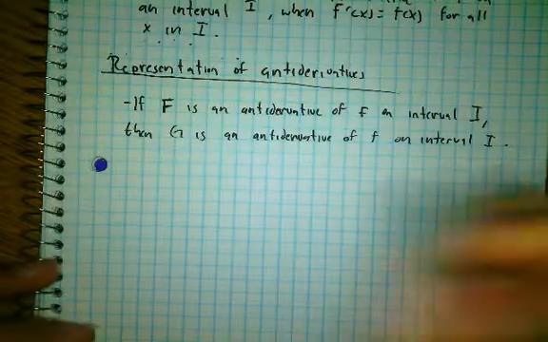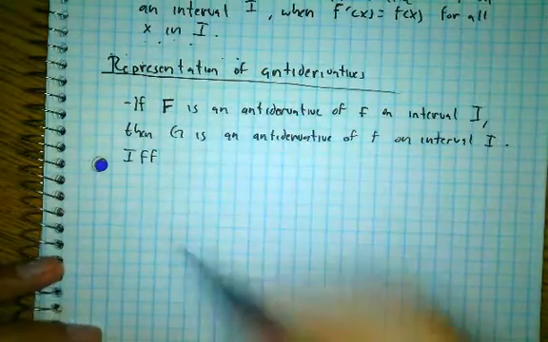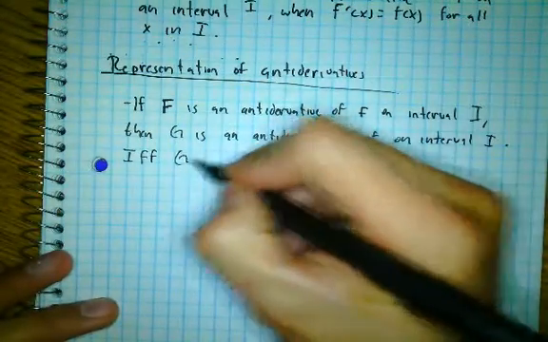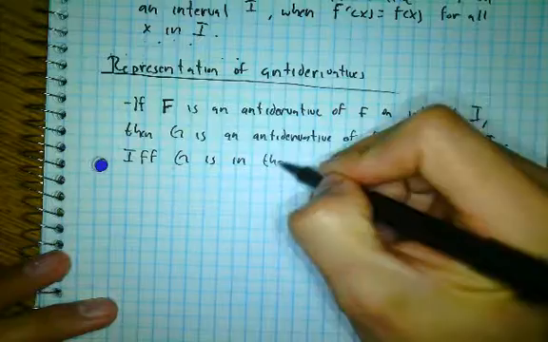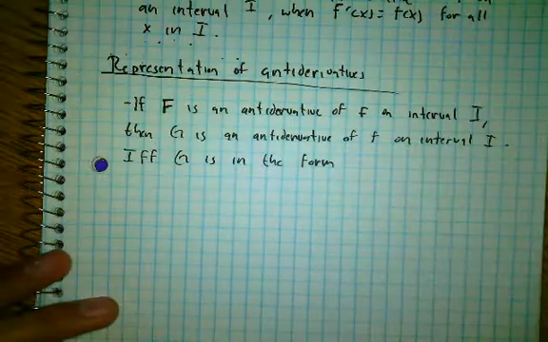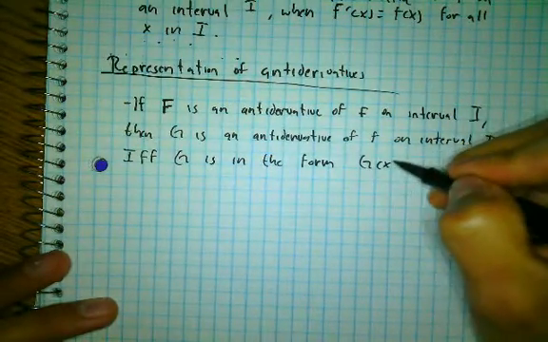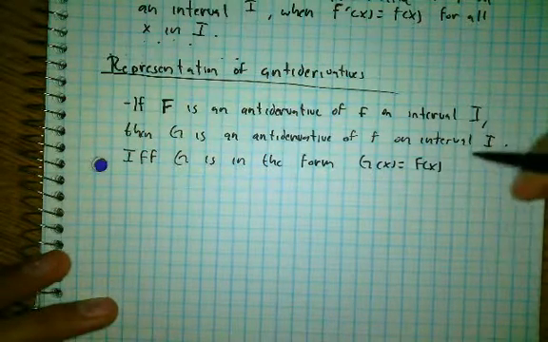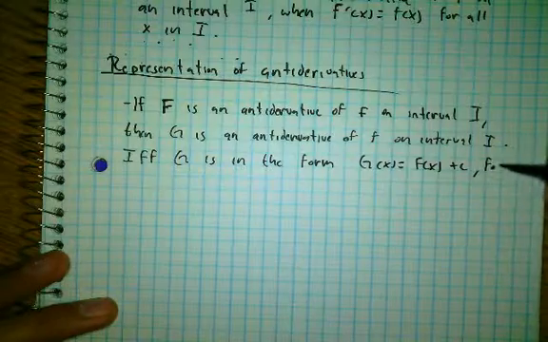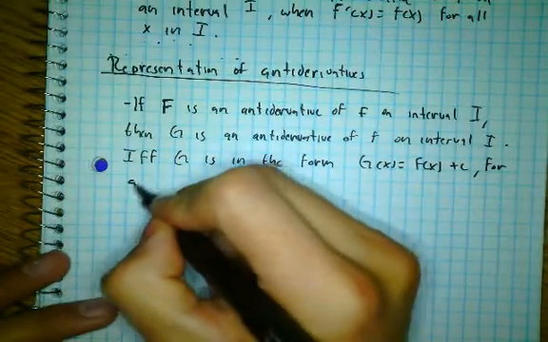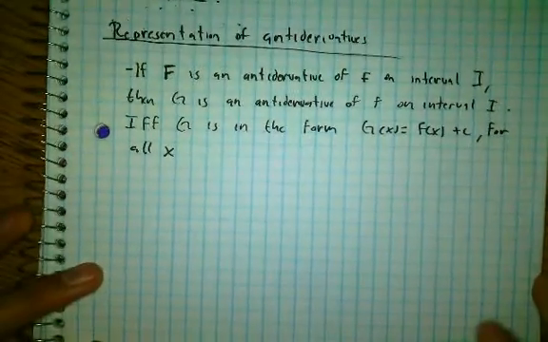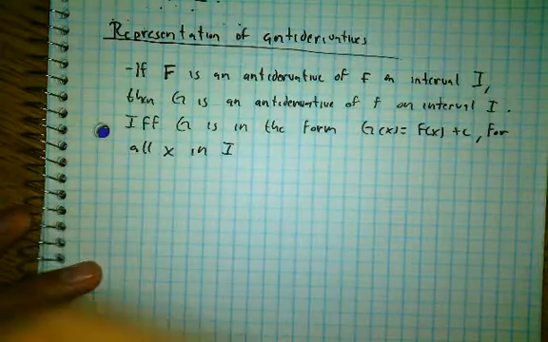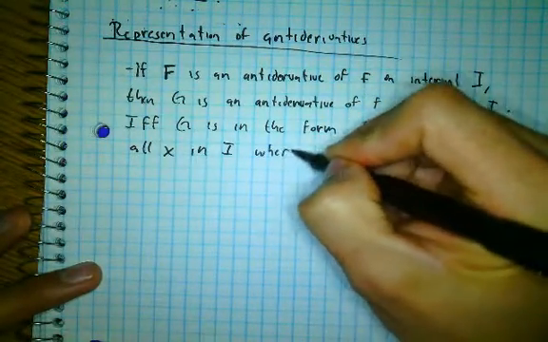If and only if, do you guys remember that's how I abbreviate it? If and only if G is in the form G of x equals F of x plus c for all x on the interval I, where c is a constant.